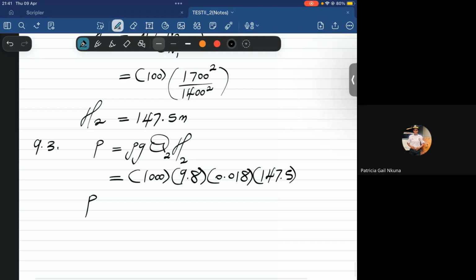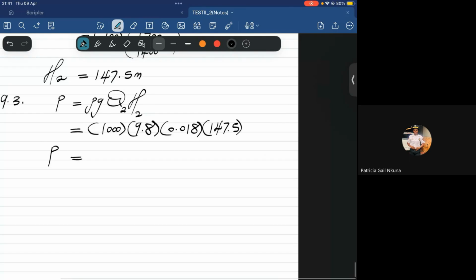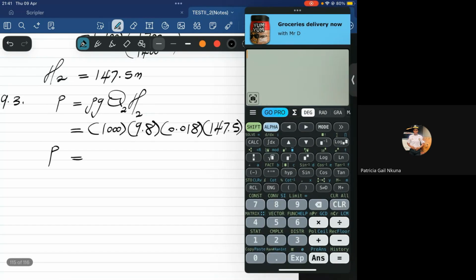So what will be the new power since the impeller speed was increased? That will be equals to 26,019 watts.